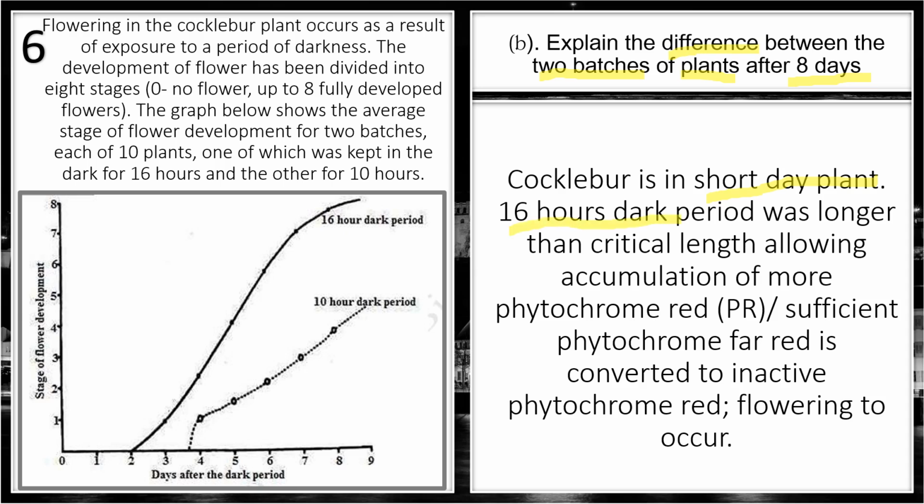The 16-hour dark period was longer than the critical length, allowing the accumulation of more phytochrome red. Sufficient phytochrome far-red is converted to inactive phytochrome red, allowing flowering to occur.